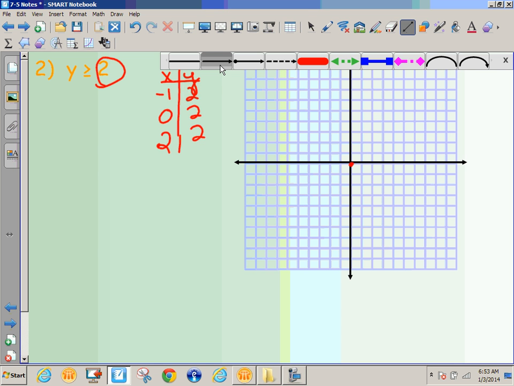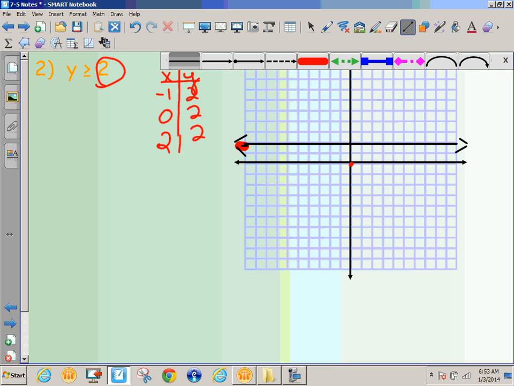So if it's greater than or equal to 2, we're talking about a solid line. 1, 2. Oops, that's too thick. Way too thick. Let me just use this here. And I'm off. Not bad. And then make sure we have arrows on the other end. I didn't say that on the other one because the broken line already had arrows for me.